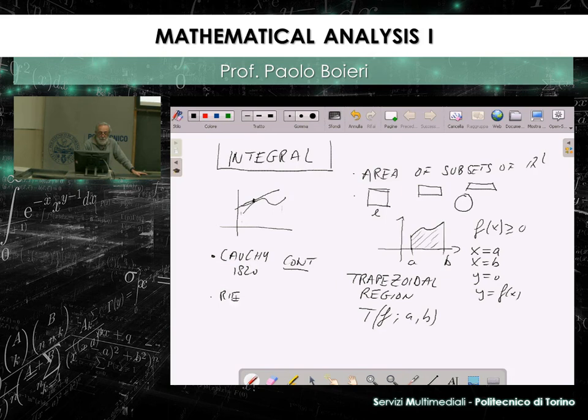Riemann, about 30 years later, in the 1850s, gave a more general approach that requires only the function to be bounded, but not necessarily continuous. And also this proved not to be sufficient for mathematics.